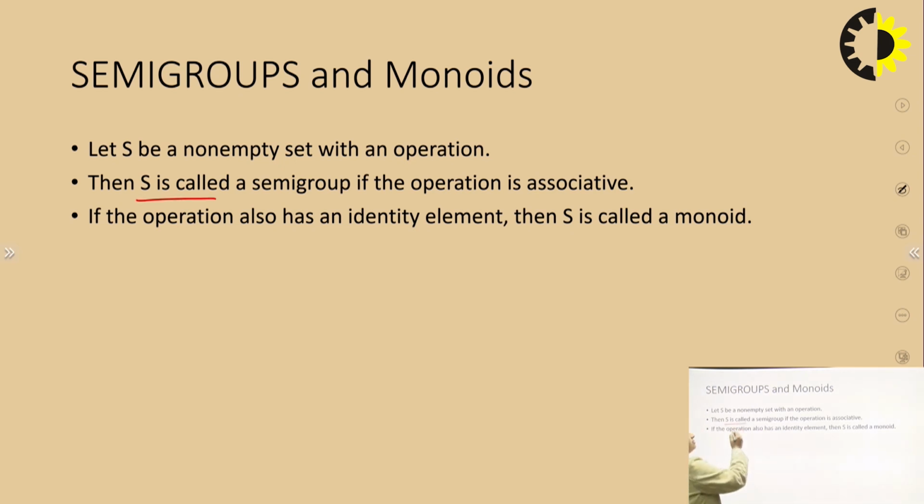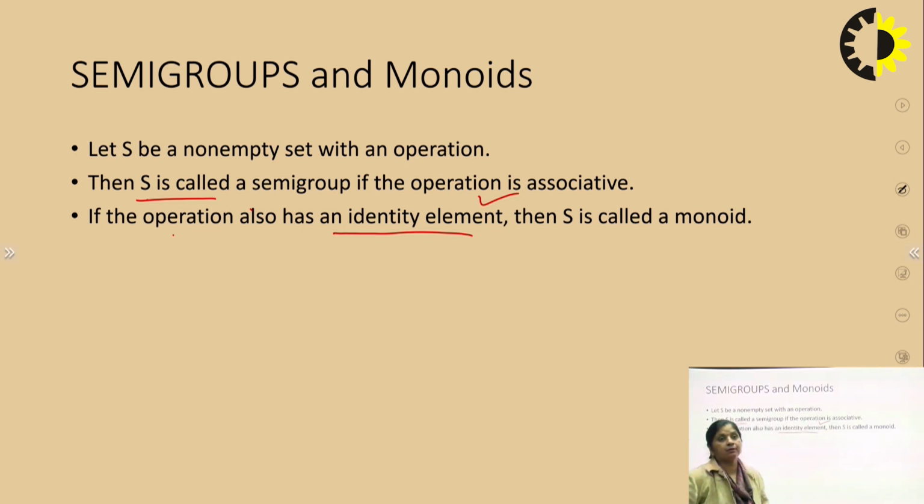S is called a semigroup if the operation is associative. If the operation with the set holds the associative property, then we call it a semigroup. If the operation is associative as well as has the identity element, then we call it a monoid.